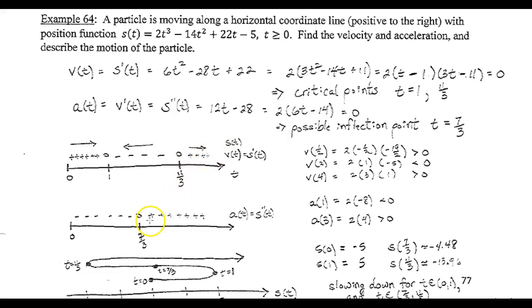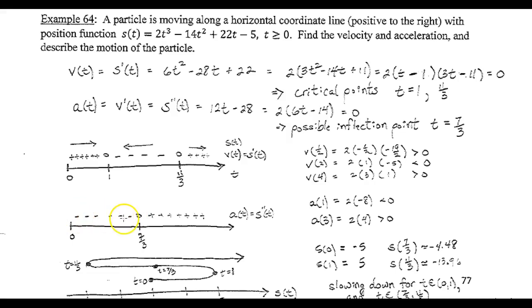Well, the second derivative tells us acceleration, so we have a possible inflection point at 7/3. So what's going on with the second derivative? We need to look at the second derivative on those intervals around its inflection point. The first derivative, velocity, is a decreasing function over here because the second derivative is negative.